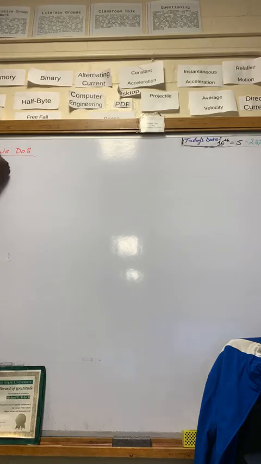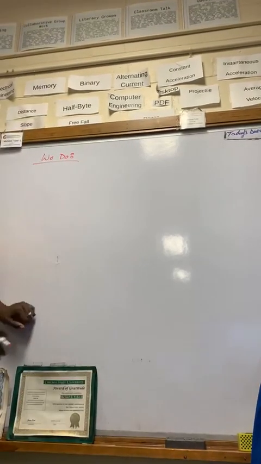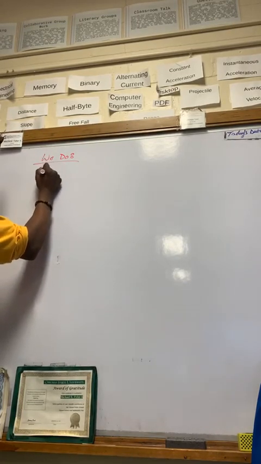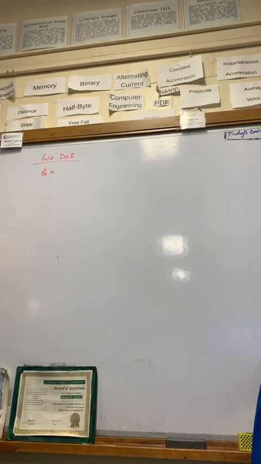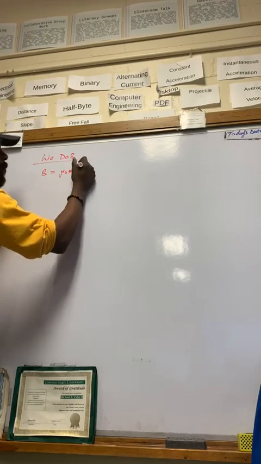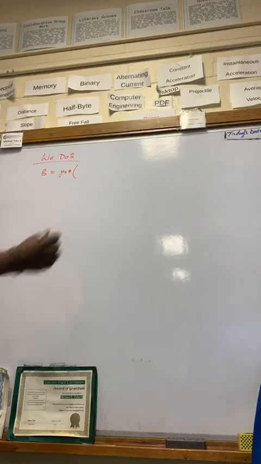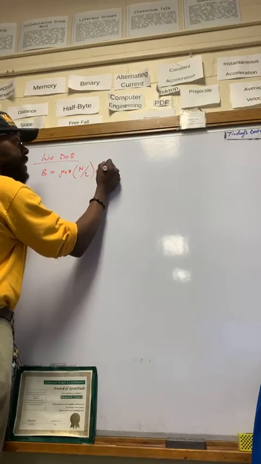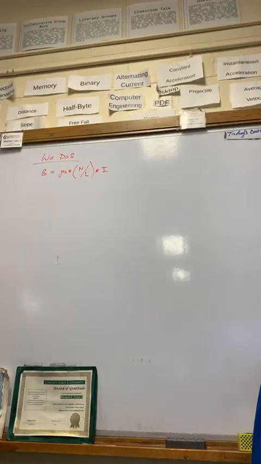All right, so what do we do? You're going to use this equation. I'm not going to write out everything because you don't have a lot of time. But here, you have your B field. I'm on page 793 if y'all want to write down the notes real quick. So the B field is equivalent to mu naught times, parentheses, N divided by L, times I. We know what this is.